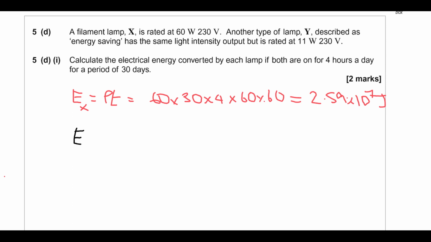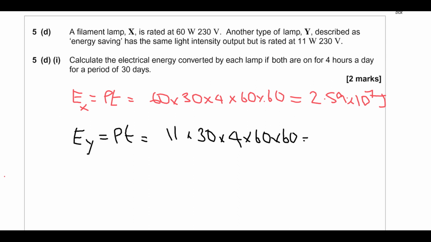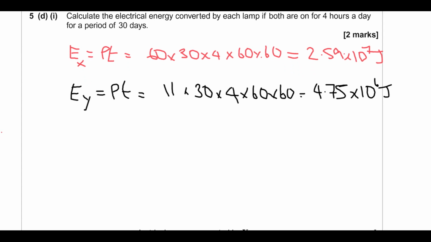Energy used by Y, again, still going to be PT, but instead it's 11 times 30 times 4 times 60 times 60. And if we do that, we get 4.75 times 10 to the 6 joules. So you can see there's considerable energy saving going on there. Alrighty.